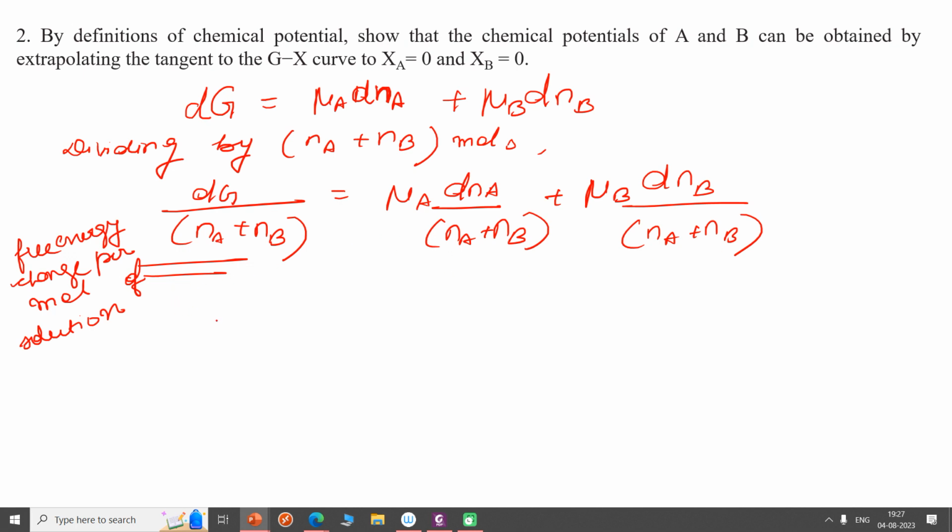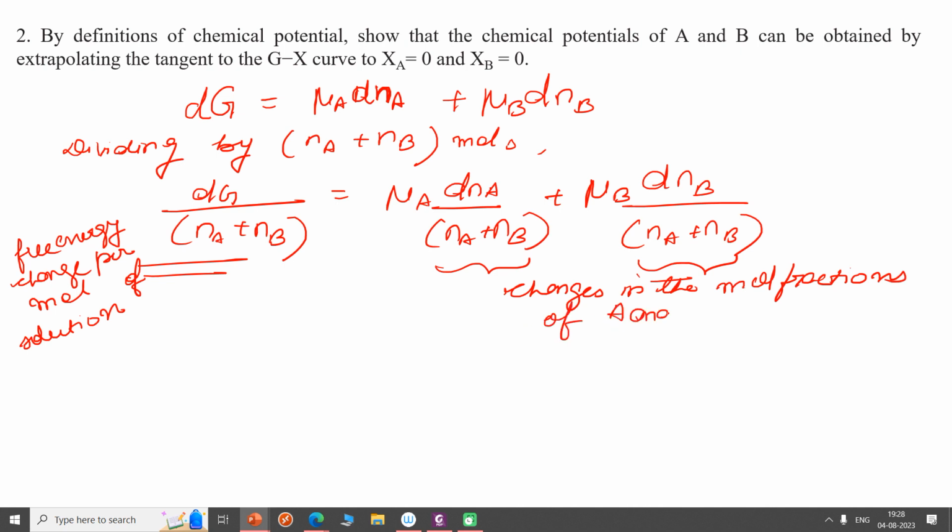And these are, what are these? These are the changes in the mole fractions of A and B, dχA and dχB.